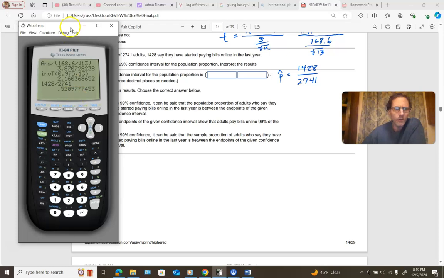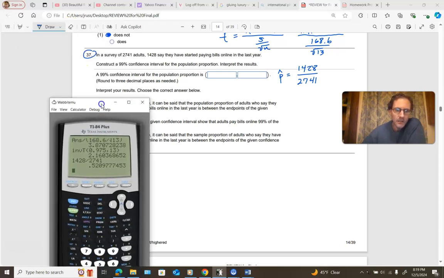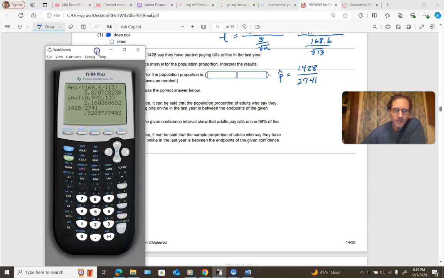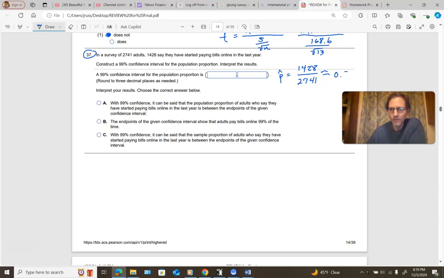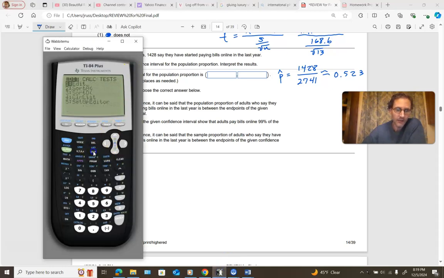Well, it doesn't actually ask us for p hat. I'll just write 0.523, okay, roughly equal to 0.523. But to actually find the confidence interval yourself, guys, you can go to the calculator again, go to tests, and do this one right here, 1 proportion z-test.